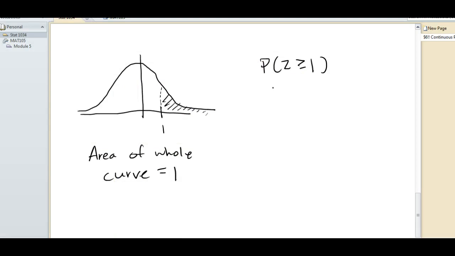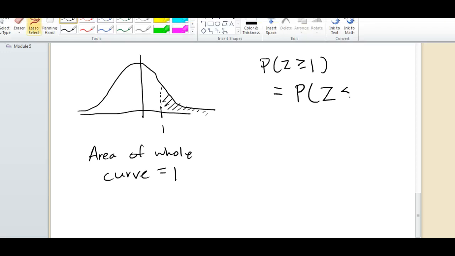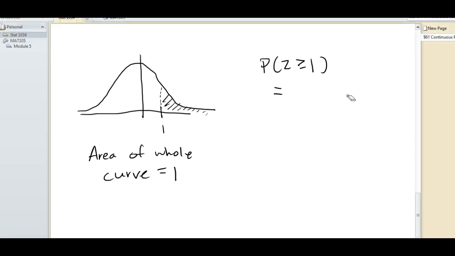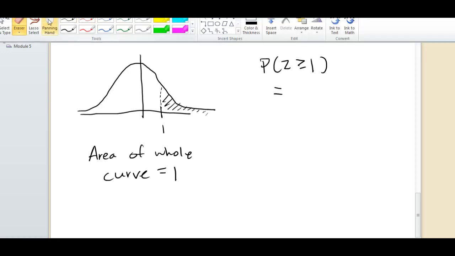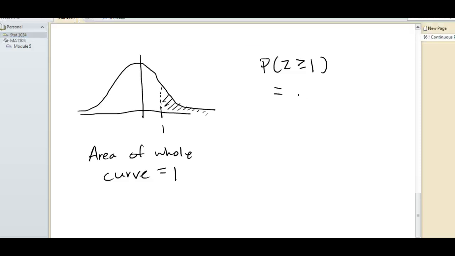So sometimes we'll have to do some basic symmetry arguments. To do the probability that z is greater than or equal to 1, what we'll be doing is really the probability of the whole area minus the part that we know. So this will really be 1 minus the probability of z less than or equal to 1, which we just figured out.